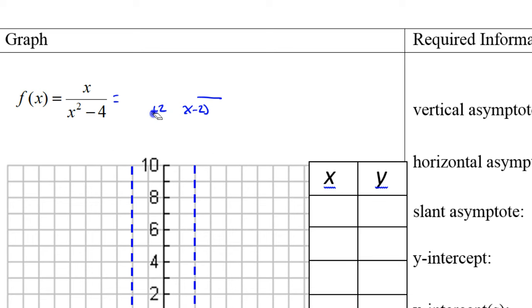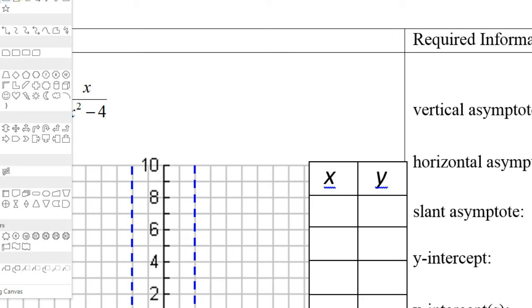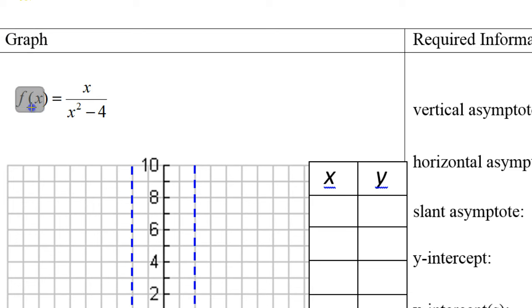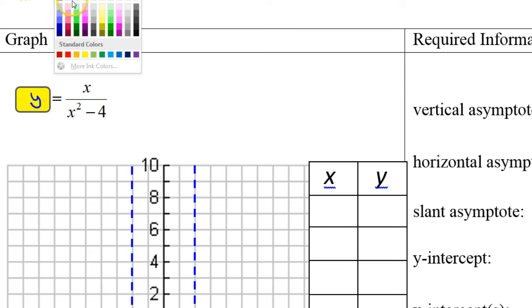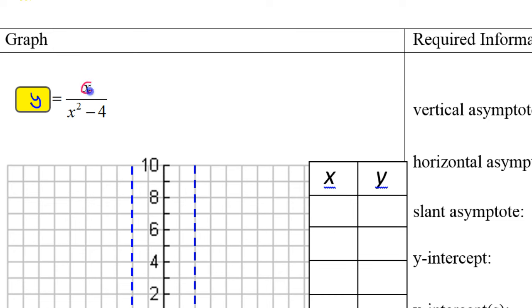So let me just erase all this mess. If I put in 0 for these x's, and by the way, this f of x basically holds the position of y. So for now, I'm going to go ahead and actually call it y. Okay, so now I'm going to let x be 0 so I can find the y-intercept.